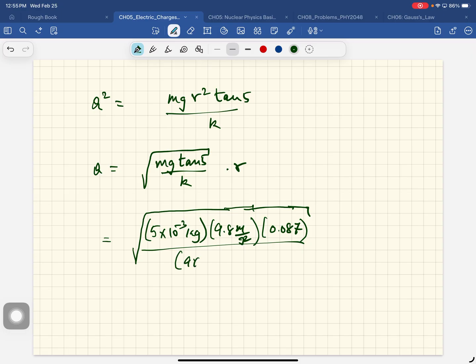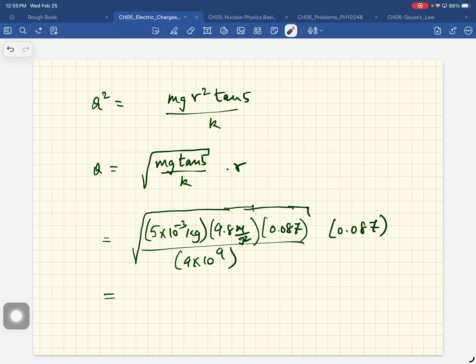So we get 0.06, or 60 times 10 to the minus 9 coulombs, 60 nanocoulombs. So the charge on each of those balls is 60 nanocoulombs.